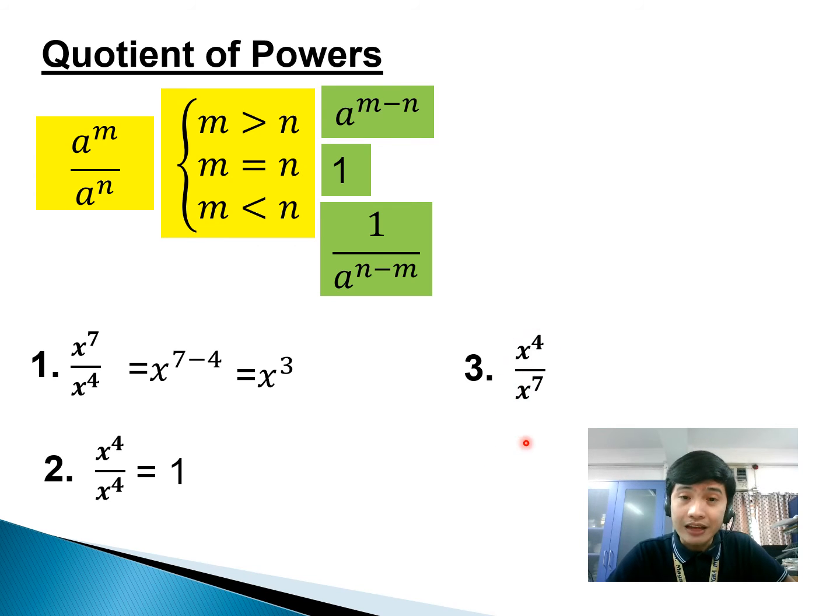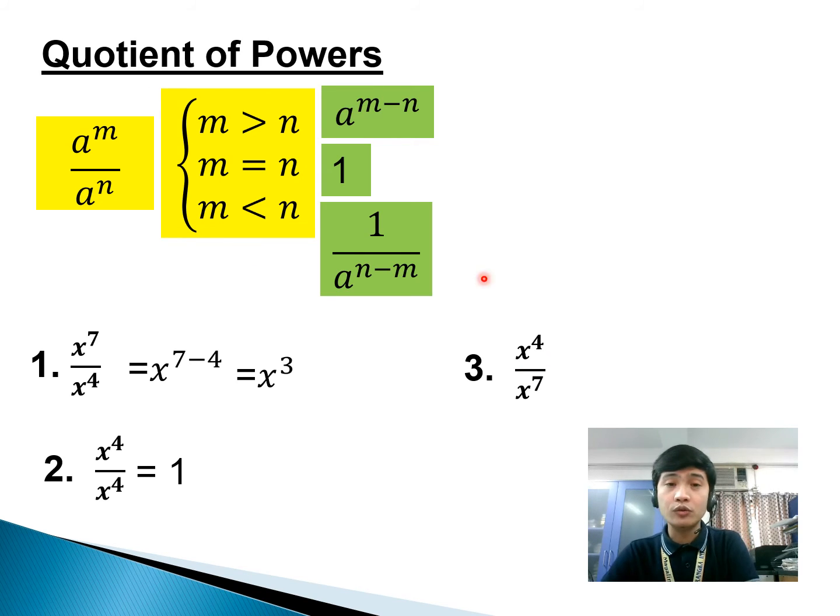Yung number 3 po natin, same base sila. And if you will try to compare the exponent ng ating mga expressions sa number 3, yung exponent po ng ating denominator ay mas malaki kaysa doon sa exponent ng expression na nasa numerator. In that case, dito po siya magpo-fall sa case na ito, wherein m is less than n.